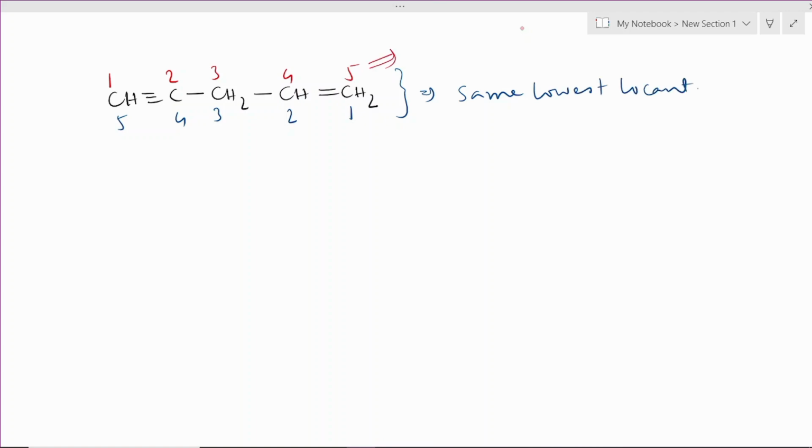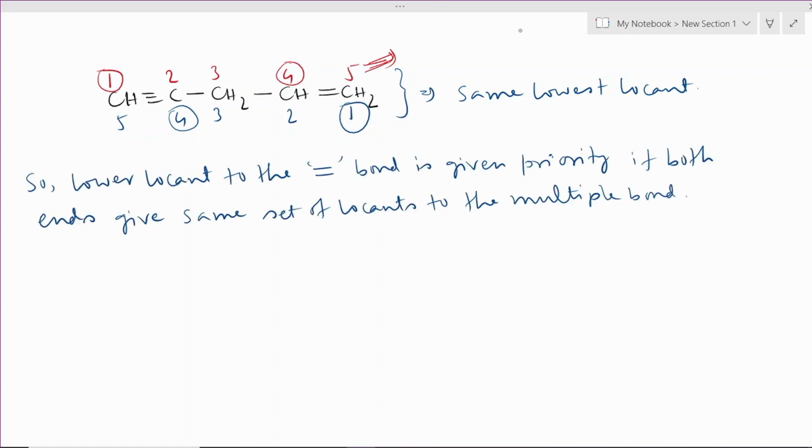In this numbering, the triple bond gets position 1, and the double bond gets position 4; in the other numbering, the double bond gets position 1 and the triple bond gets position 4. So we get the same lowest locants. In that case the priority will be given to the double bond. So the correct way of numbering is this.